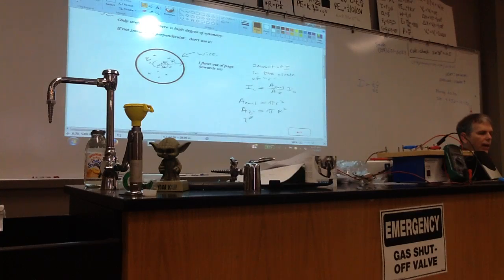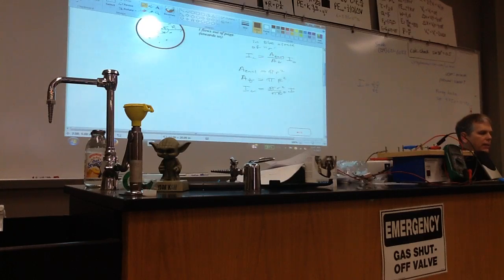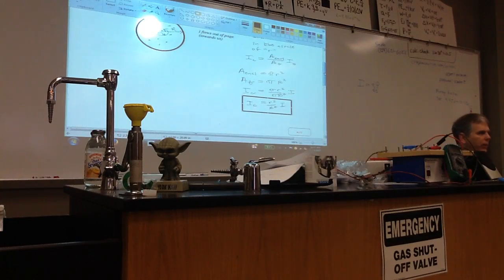So my I enclosed will equal pi little r squared over pi big R squared times the current in the wire. And the pi's cancel. No more pi, very sad. Okay, so now we have our enclosed current. Yes or no? You can write this down again.